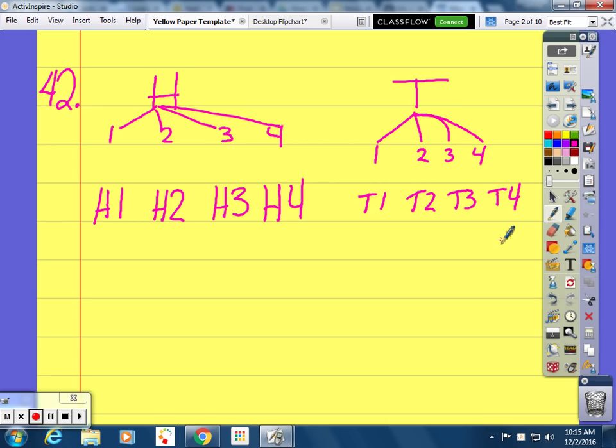So we go down to C. C says heads, oh, it looks right, but the heads is 1, 1, 2, 2. If I flip a coin with the heads, the dice would never land on 4 at the same time. So it has to be answer choice D. So fill in the check mark that says answer choice D.